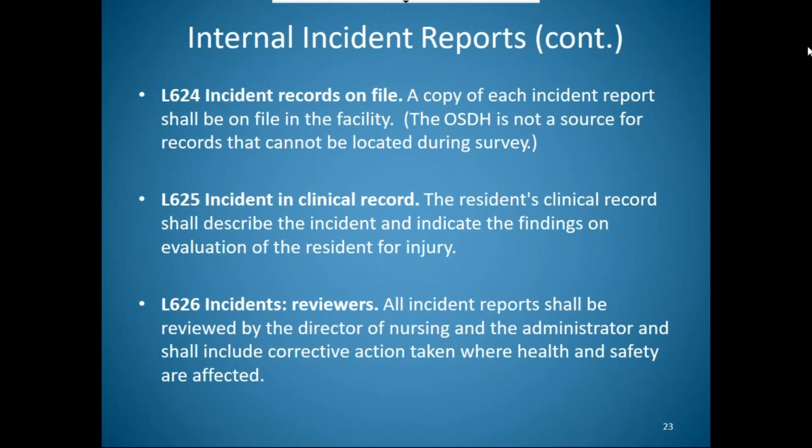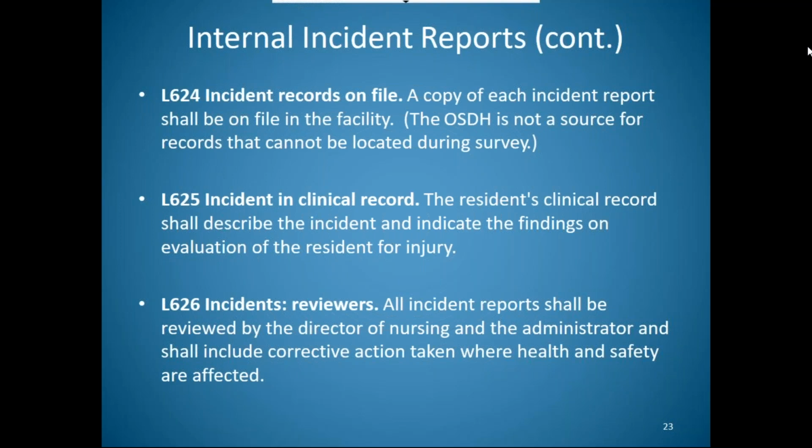I just wanted to also back up on 624. I just wanted to let you know that the surveyors are allowed access to any incident reports in their building. You cannot claim them as work product. So if you are storing your incident reports in the electronic records, then you need to make sure when you give the surveyors access to those records that they have access to get into those incident reports.